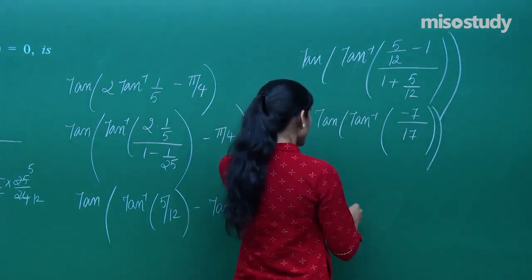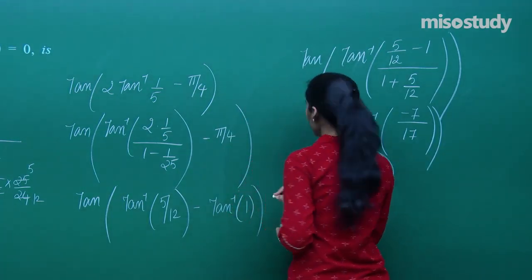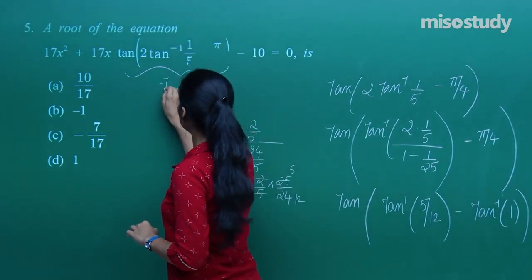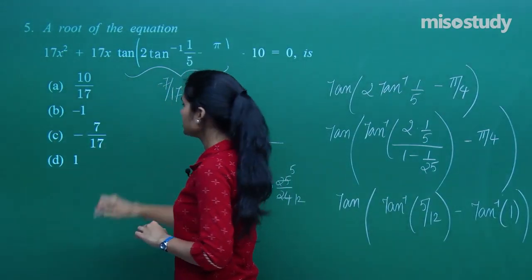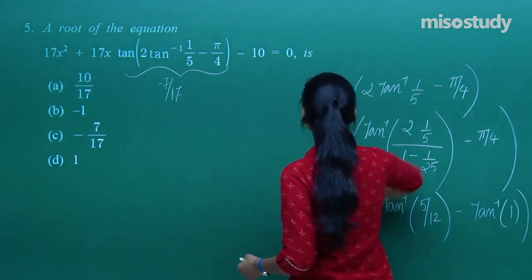Okay? Now over here this comes out to be minus 7 by 17, and therefore what we have obtained is that this complete bracketed term is actually minus 7 by 17. The moment we have resolved this, life is very simple for us now.